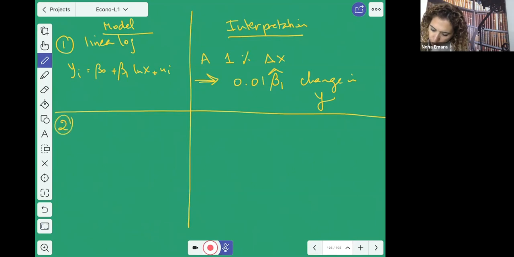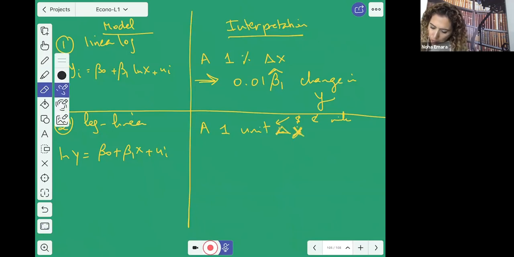for the log linear: log y equals beta naught plus beta 1 x plus u_i, and here I'm going to say a 1 unit change in x.